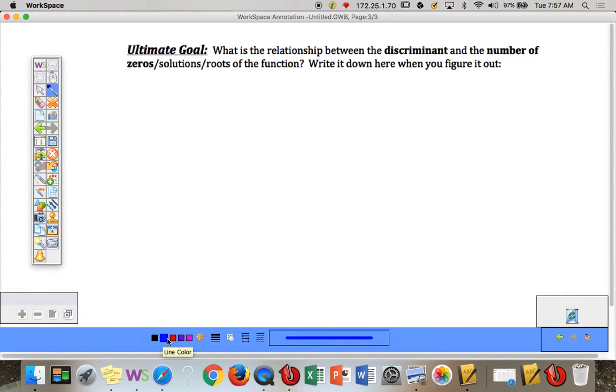Okay, so the first thing is, if our discriminant, the thing under the square root sign, so I'm going to do all my square root here. Remember the discriminant is that b squared minus 4ac.